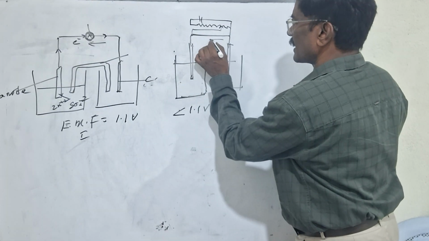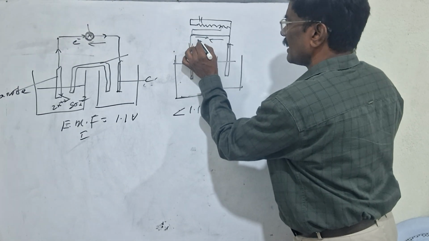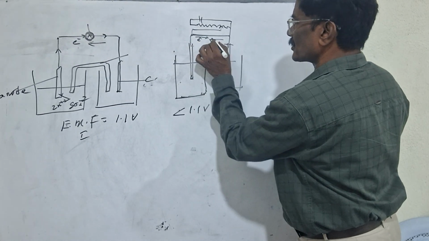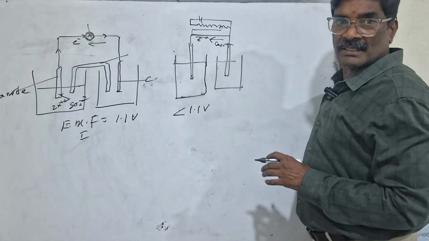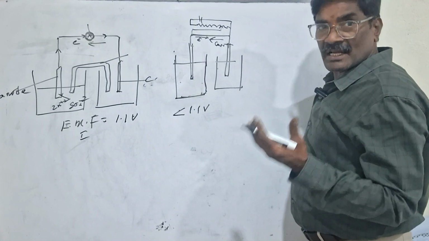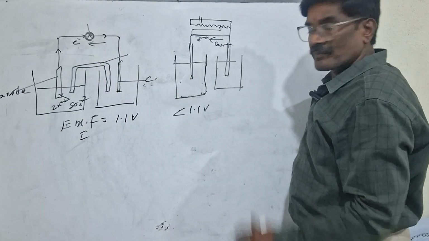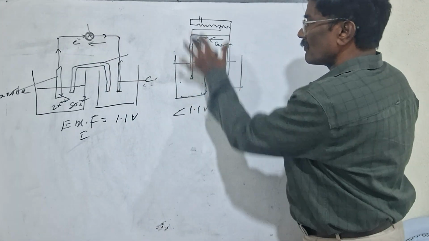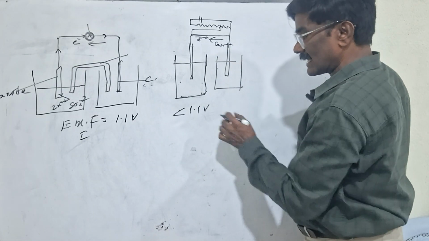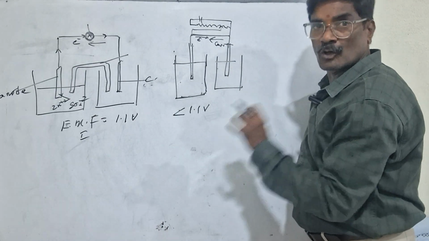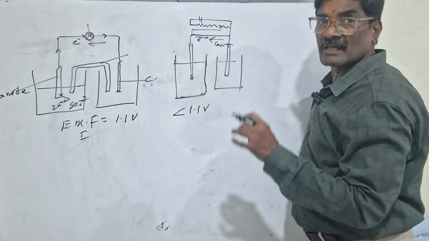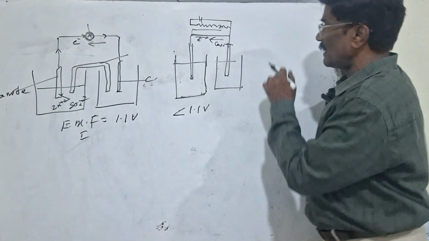Current flows right to left, electrons left to right. So you should remember this point: whenever the applied potential is less than the potential of the cell, the directions of the current and electrons remain the same. That is a noticeable point for competitive examinations.